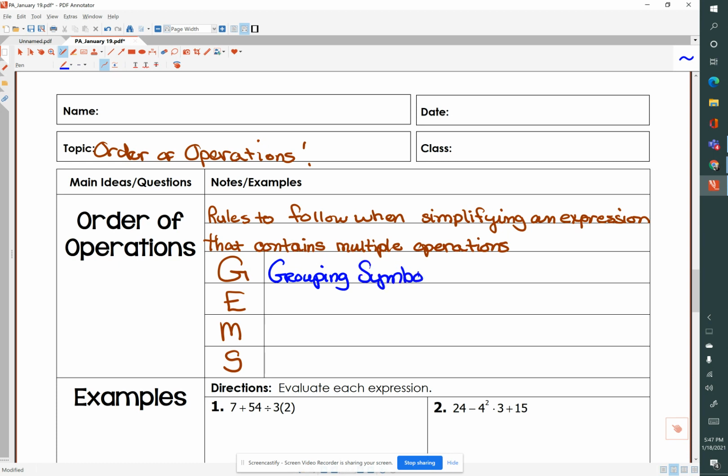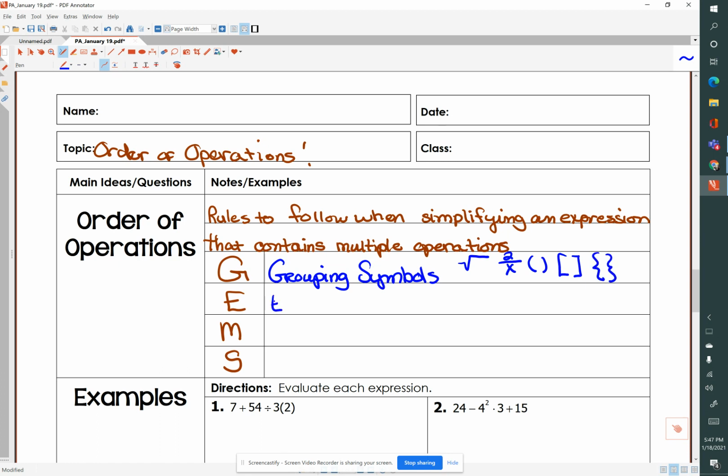And when we talk about grouping symbols, we're talking about the radical, which could be considered a grouping symbol, but we also consider it when we do exponents. The vinculum when you divide, so 2 over x, parentheses, brackets, braces.